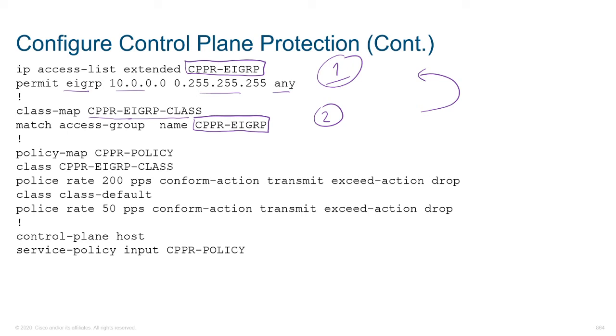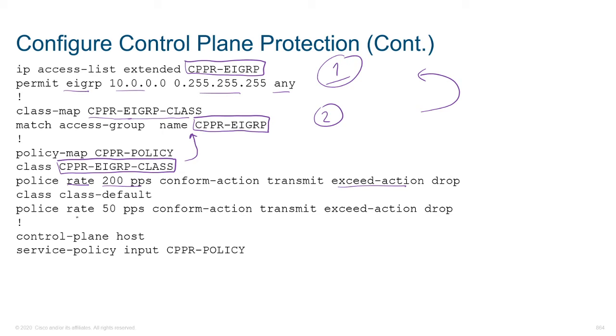It's referencing the class map that we created in step 2, so we just have to make sure that matches. And then we're saying if it matches that class map, then what do we want to do? We're going to be rate limiting it to 200 packets per second. And in the event that we exceed, we just want to drop that traffic, all right?